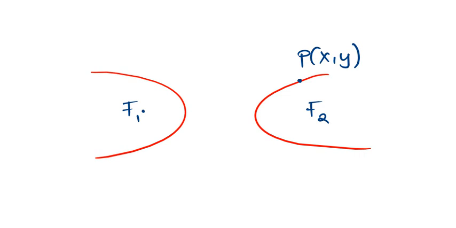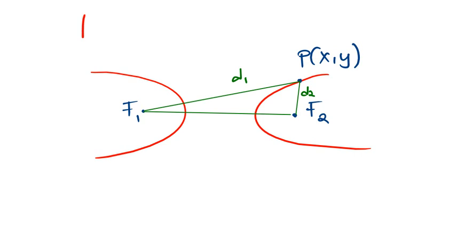The definition of a hyperbola: the distances from P to F1 and from P to F2, let's call them D1 and D2, the absolute value of the difference between D1 and D2 is a constant.